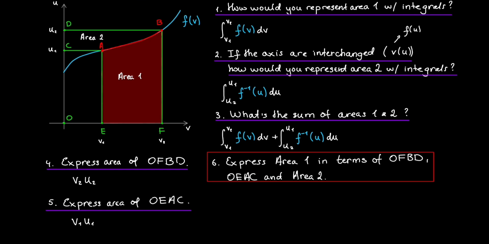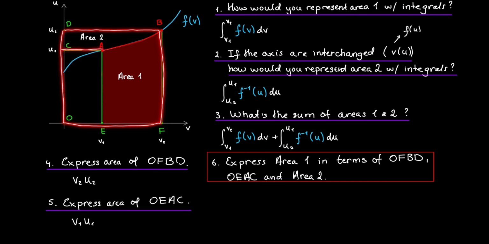Now lastly, question 6, I put it in a red box because it is the final question and is the most important one that is going to give us what we need. It says express area 1 in terms of OFBD, OEAC, and area 2. So basically what we have to do is take this big rectangle right here.